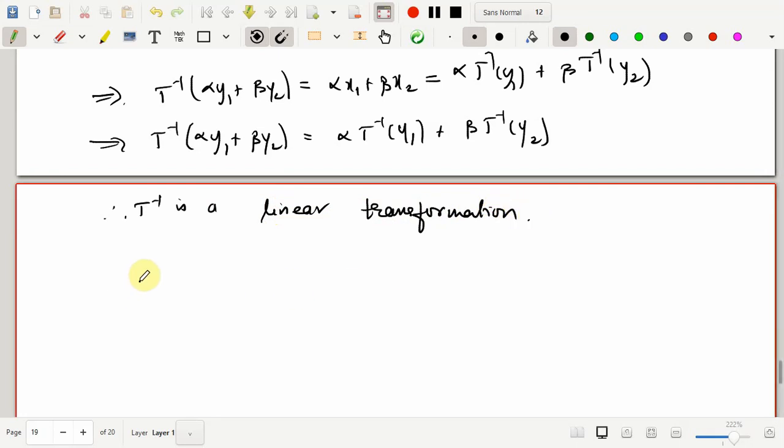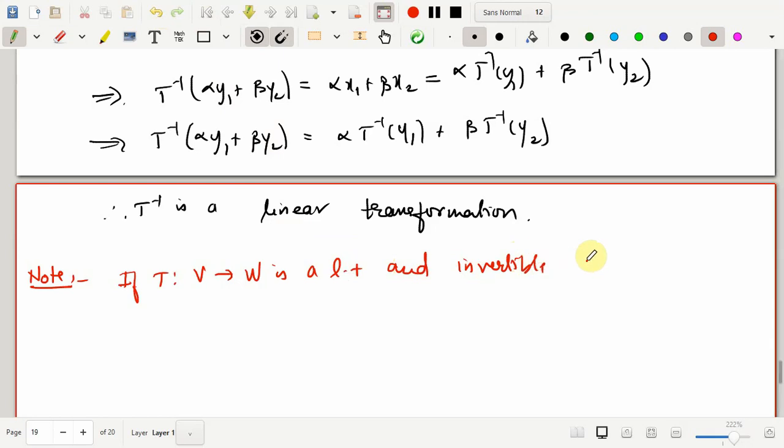So this says that we can make a note here, an observation: if T from V to W is a linear transformation, and if it is invertible, then T inverse, which exists, is a linear transformation.